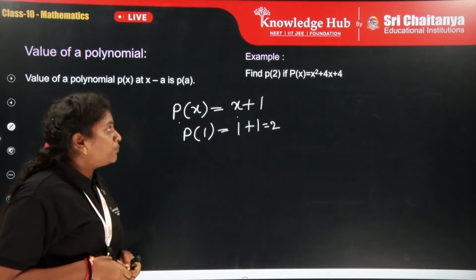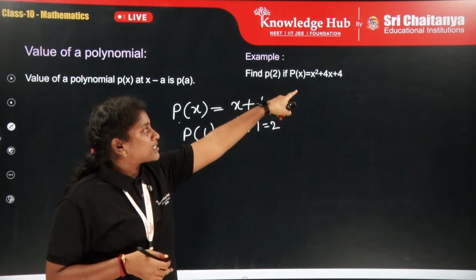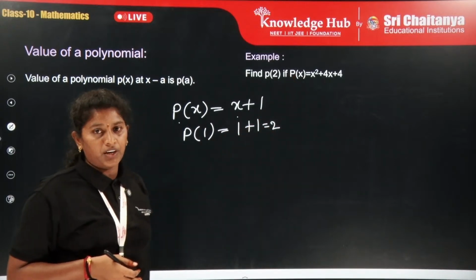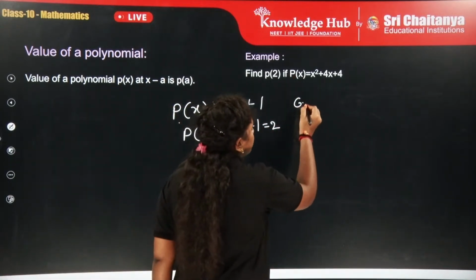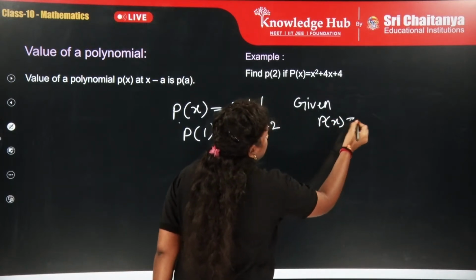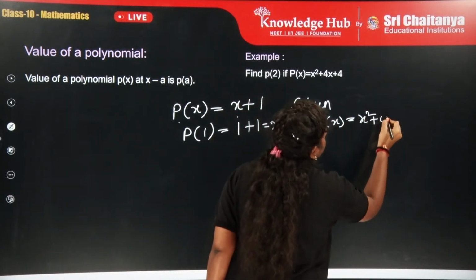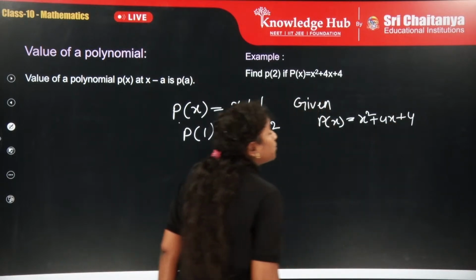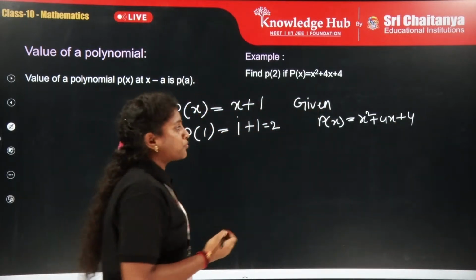So now let's solve an example. Find p of 2 if p of x equals x square plus 4x plus 4. First of all, write the given polynomial: p of x equals x square plus 4x plus 4. Now they are asking us to find the value of p of 2.